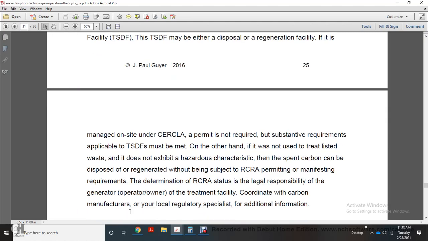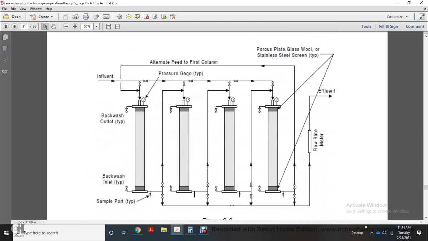On the other hand, if the waste is not a listed waste and does not exhibit the hazardous characteristics, the spent carbon can be disposed of or regenerated without being subject to the Resource Conservation and Recovery Act permitting and manifesting requirements. The determination of the Resource Conservation and Recovery Act status is the legal responsibility of the generator, operator, or owner of the treatment facility, coordinated with the carbon manufacturer, local regulatory specialists, and additional information.